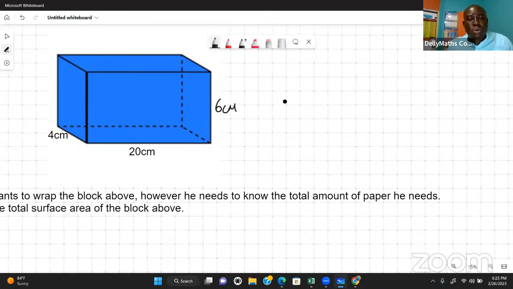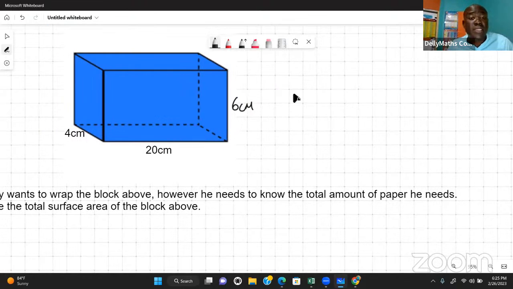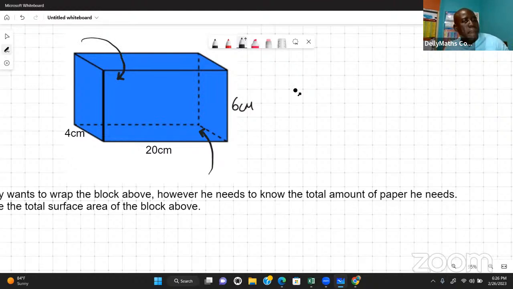All right, so we're saying here that you want to find the area of all 6 surfaces, but every surface actually has a twin. Every surface of this cuboid, watch this. This one at the front, this big broad one, has its twin around the back.